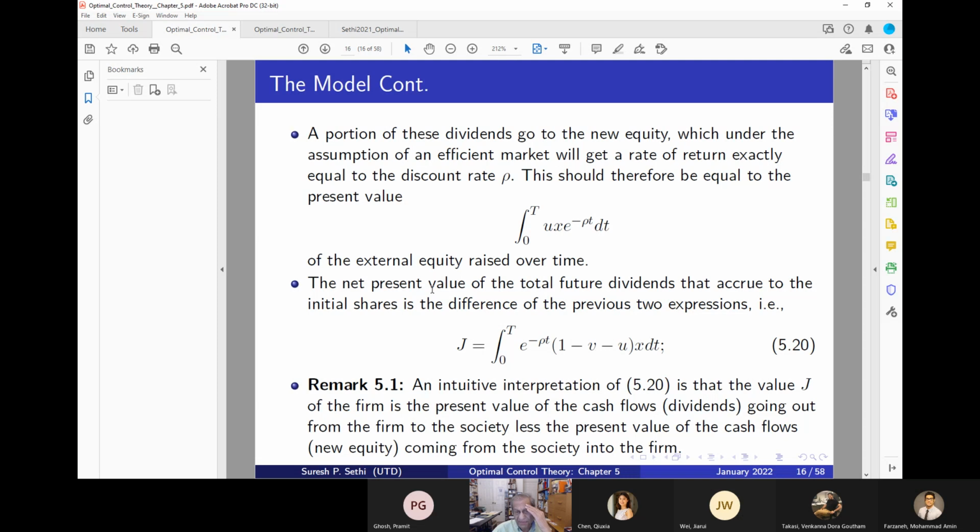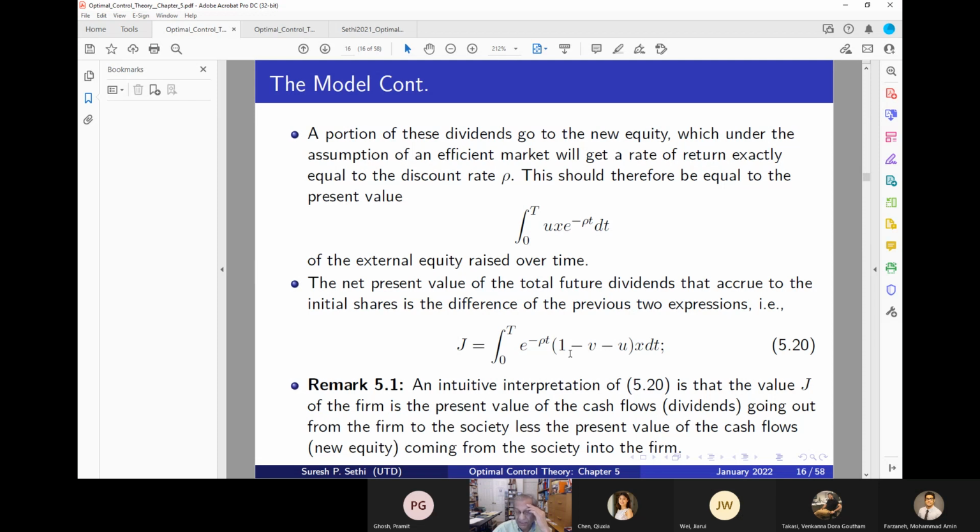So the net present value of the total future stock dividend that accrued to the initial shares is the difference of the previous two expressions, which is this. In explaining this formula, the original paper also made a huge mistake, and their derivation was incorrect.